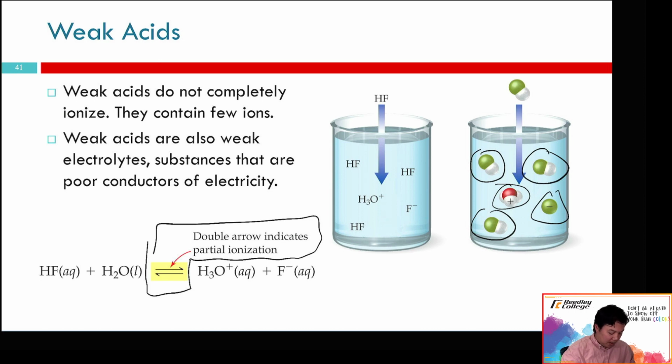So we have some HF that splits apart into the fluorine and hydronium ion. But then some of those fluorines are going back to the hydroniums, and they're going back to HF and H2O. So it exists in an equilibrium, but the equilibrium is heavier in this direction, and so they want to stay as HF.